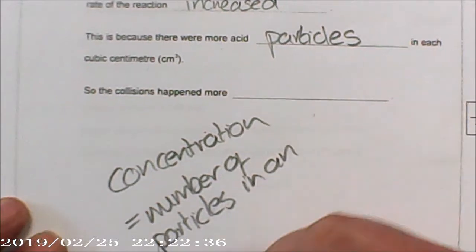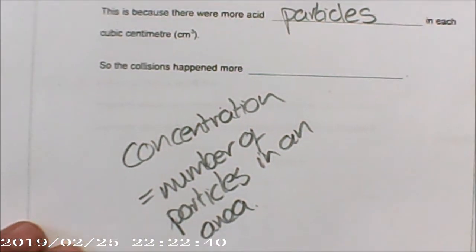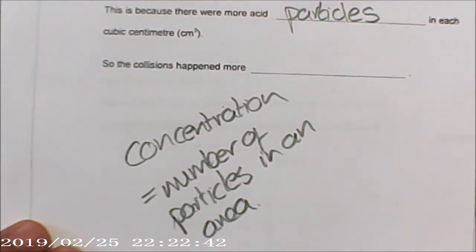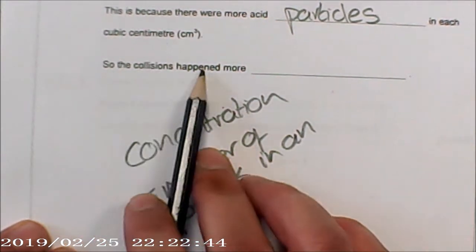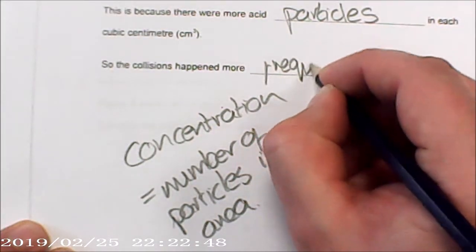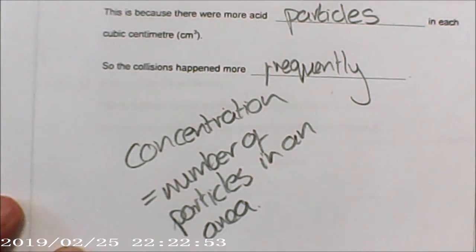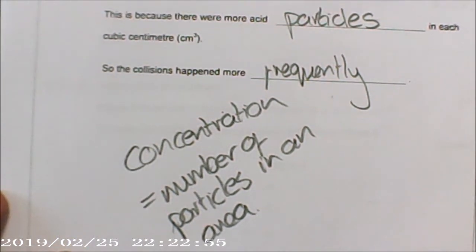So if you have a higher concentration, there are more of those particles in a specific area. And then the last one, so the collisions happen more frequently. Okay, you can say more often, that's allowed as well, but more frequently.